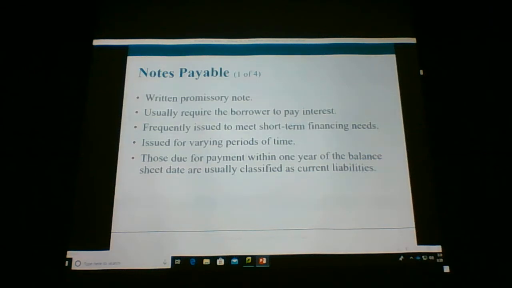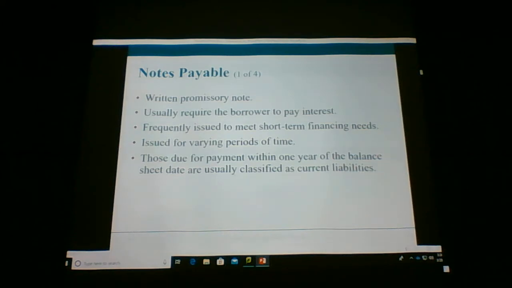In the real world, you will pay interest on borrowings that you make, depending on the type of note payable, the duration of the note payable, the collateral that has been laid down to back up that loan, or the lack of collateral. All of these things will have an impact on the interest rate that you receive, but you will pay some amount of interest.